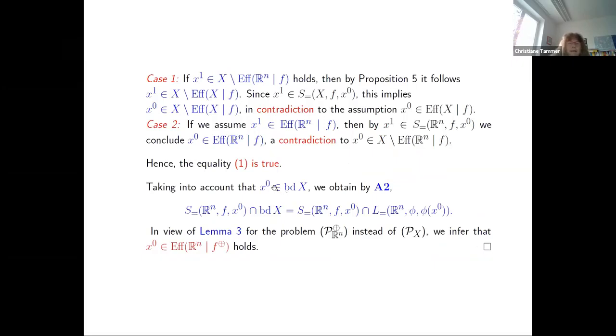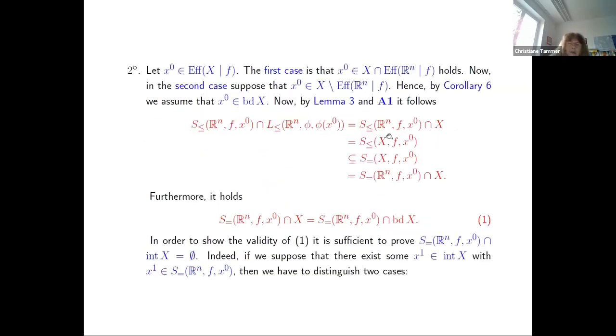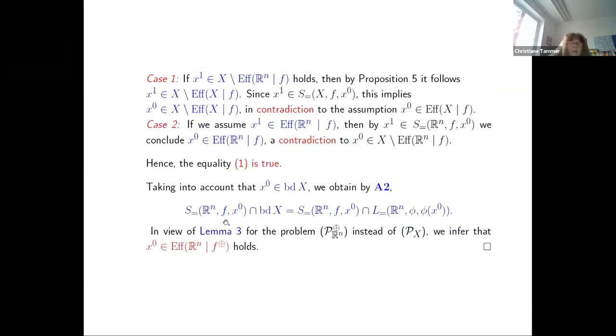So this means that equation 1 is true, and taking into account that x0 belongs to the boundary of X and A2, we get this relation here, such that together with this inclusion and formula 1, and furthermore lemma 3, x0 belongs to the set of efficient elements of the unconstrained problem with the penalized objective function. And so our proof is finished.